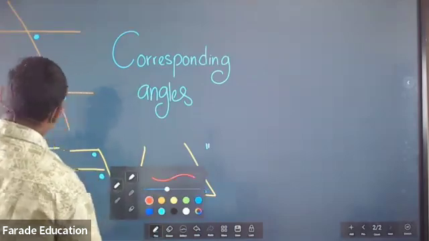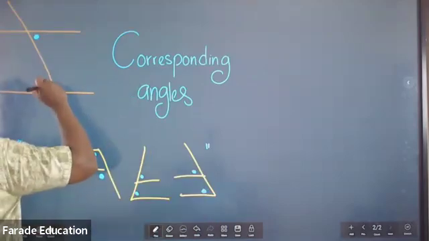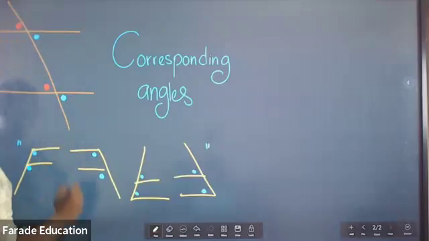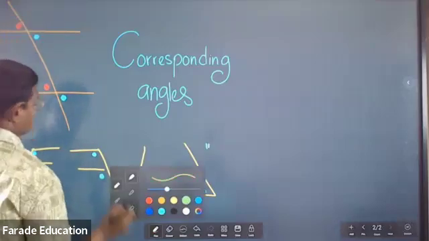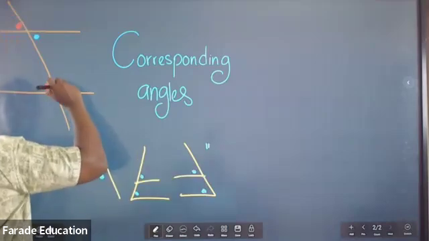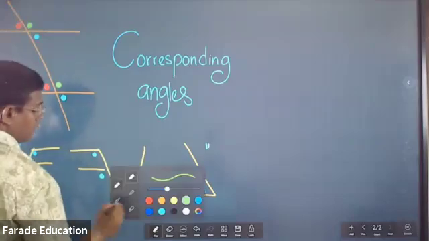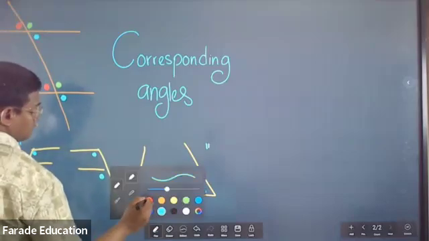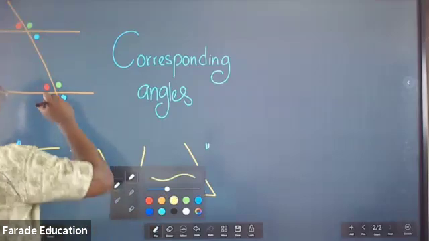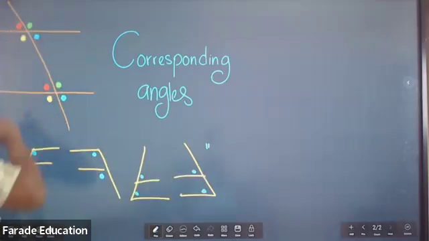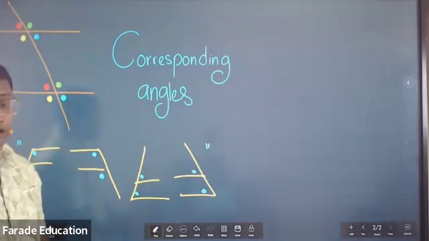Other than this, this angle and this angle are also a pair of corresponding angles. This and this is also a pair of corresponding angles. This and this is also a pair of corresponding angles.